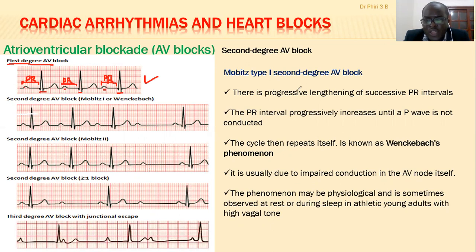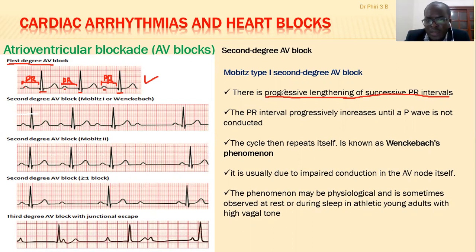So you have Mobitz type 1, second degree AV block. There is progressive lengthening of successive PR intervals. You need to mark this in Mobitz type 1 second degree AV block.